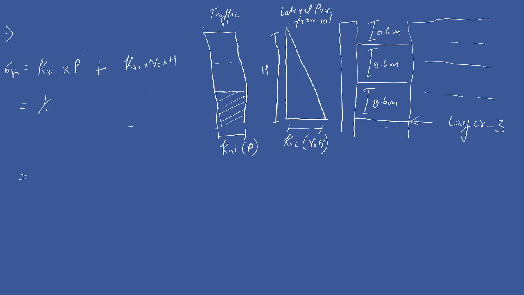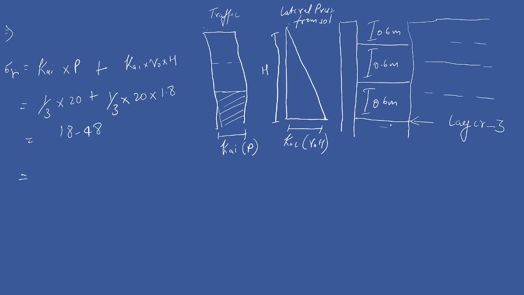So Ki we know it's 1 by 3, P is 20, 1 by 3, gamma naught 20, into height 1.8. Total height we are saying. So basically, if you calculate, this is 18.48.